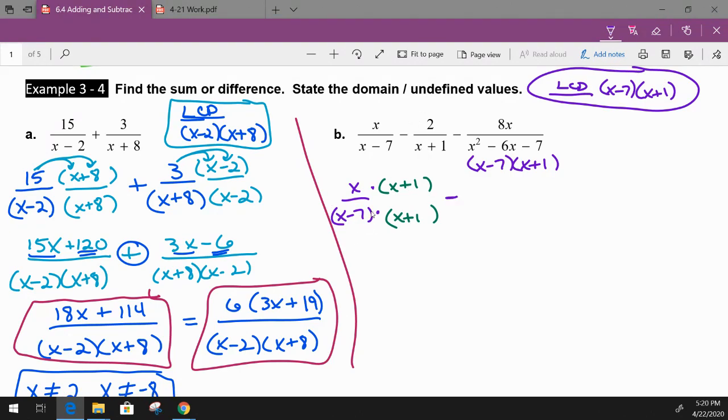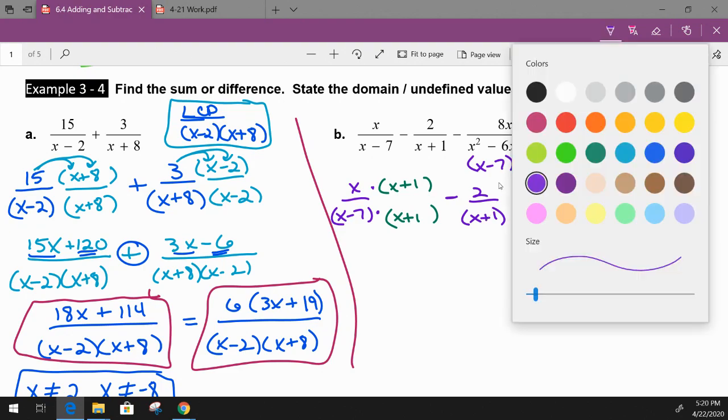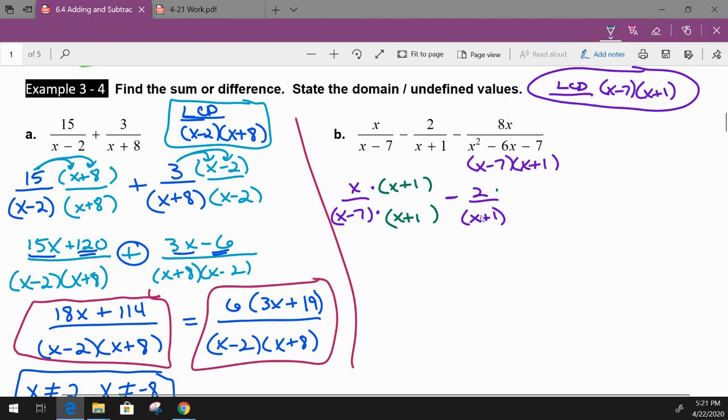I'm going to simplify this in a minute, but I'm just going to keep going here. 2 over x plus 1 is what we originally started with. We are going to multiply both the numerator and denominator by x minus 7. Because this denominator already has an x plus 1, we need to multiply the top and the bottom by x minus 7 so that our denominators will match, so they're the same.